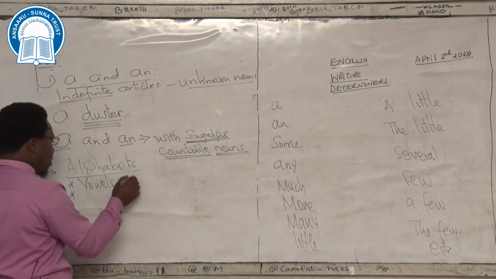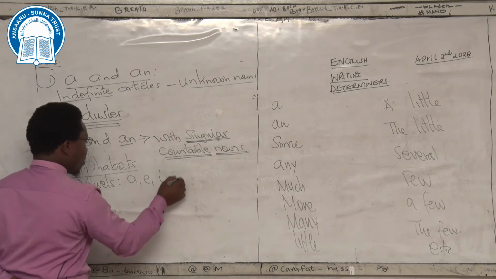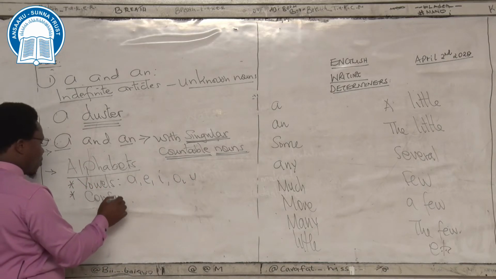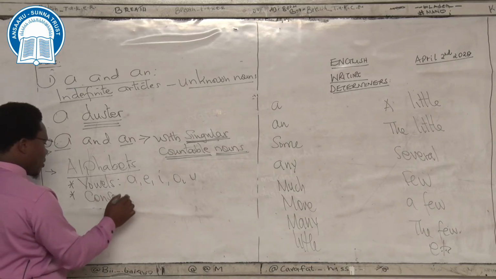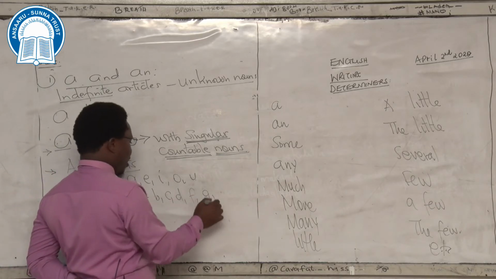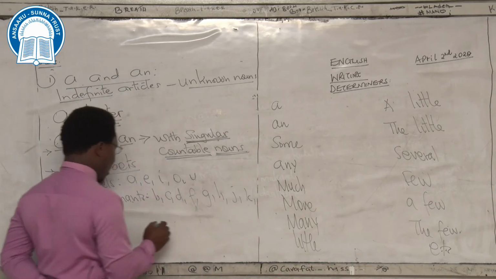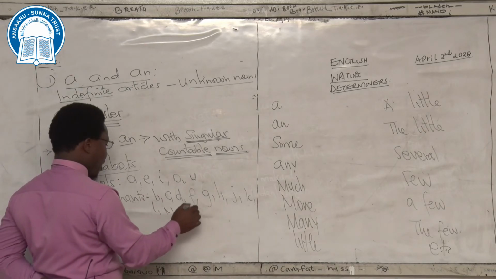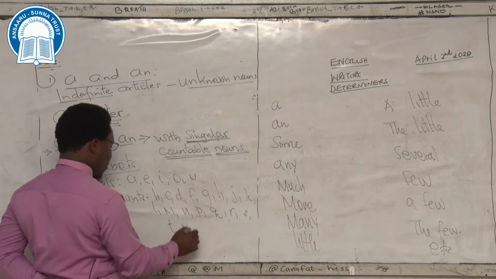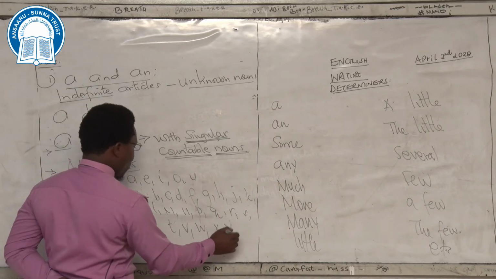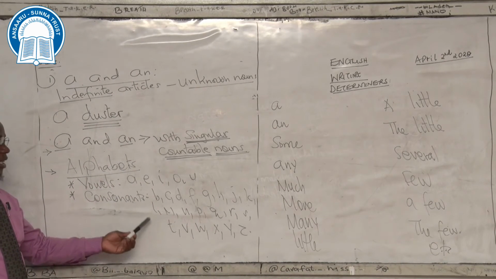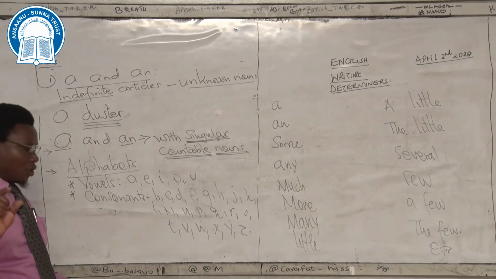We have the vowels, and the remaining ones are referred to as the consonants, which are B, C, D, G, H, J, K, L, M, N, P, Q, R, S, T, V, W, X, Y, and Z. So when you look at the board, I've classified these 26 alphabets into two groups.